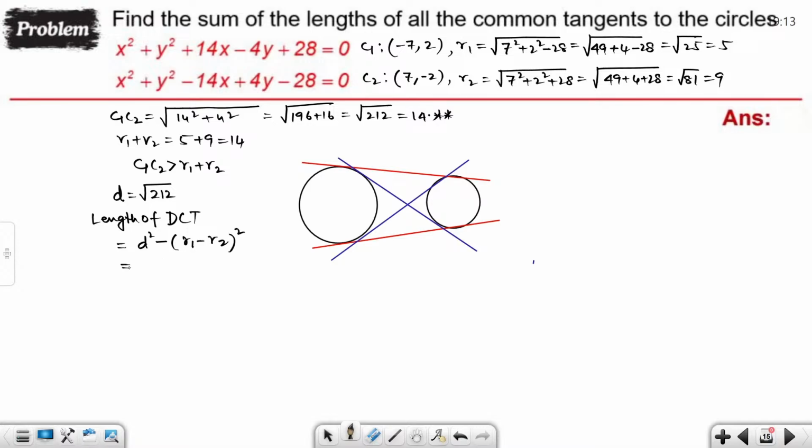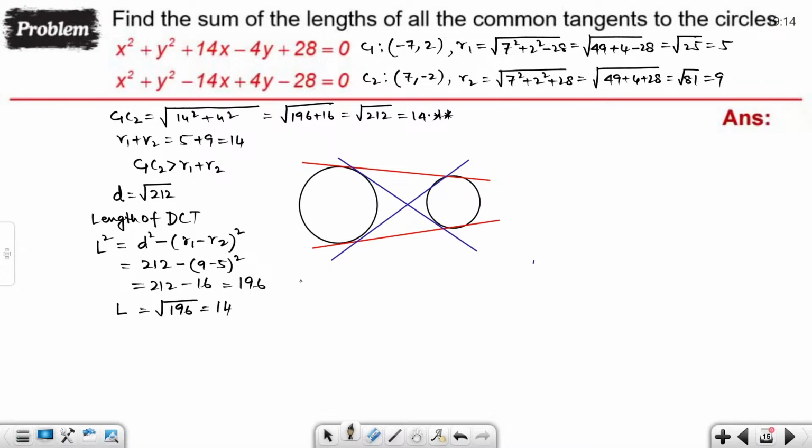So the length of one direct common tangent will be, this is 9 minus 5 whole square. So it's coming to 16. So it's coming to 196. Therefore, the length of direct common tangent is L square. So your L is coming to root over of 196. That gives us 14. Is it clear?